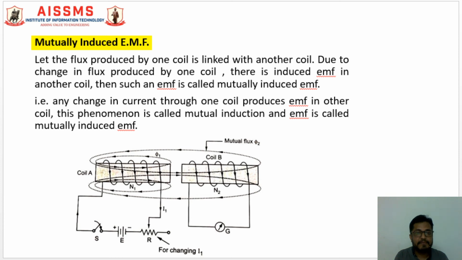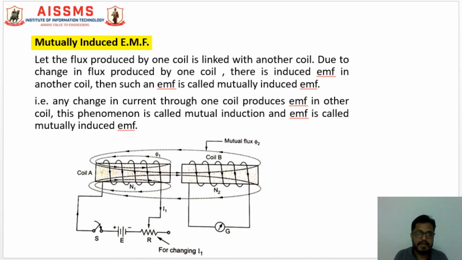As this flux phi1 changes, some part of that flux phi1, which is nothing but the mutual flux phi2, also changes. And due to that change in flux phi2, there is a production of EMF in coil B.